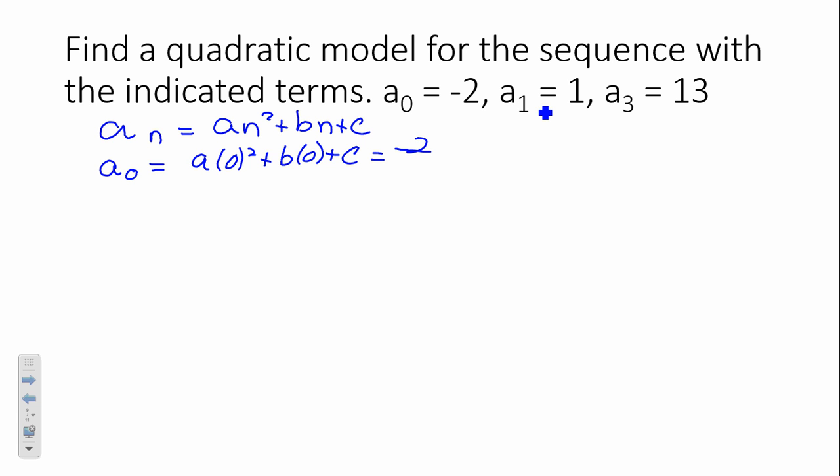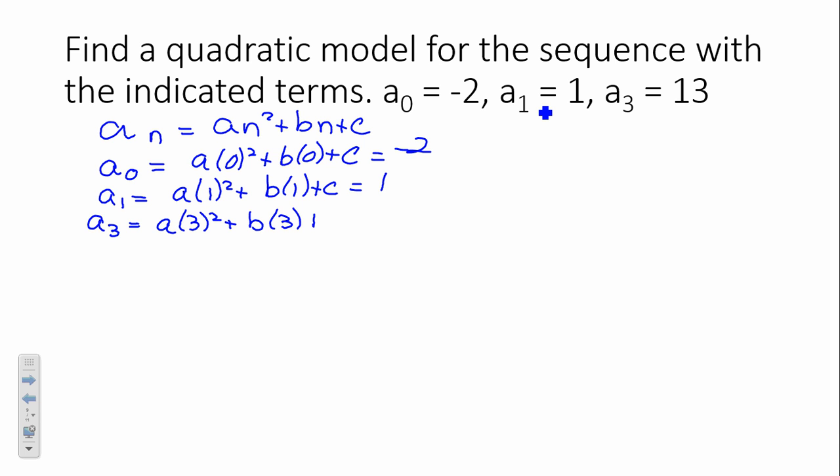A sub 1 is a times 1 squared plus b times 1 plus c, and that's equal to 1. And a sub 3 is going to be a times 3 squared plus b times 3 plus c, and that's going to be equal to 13.